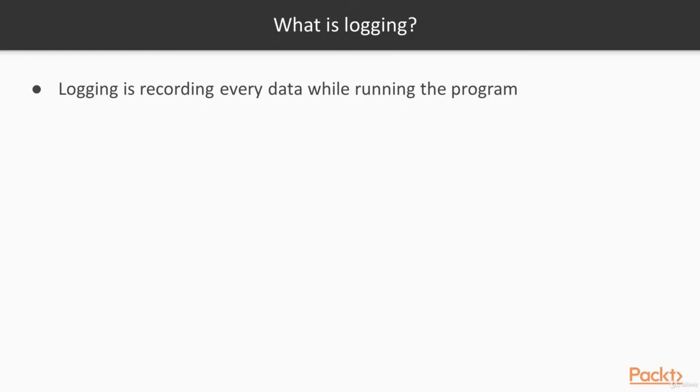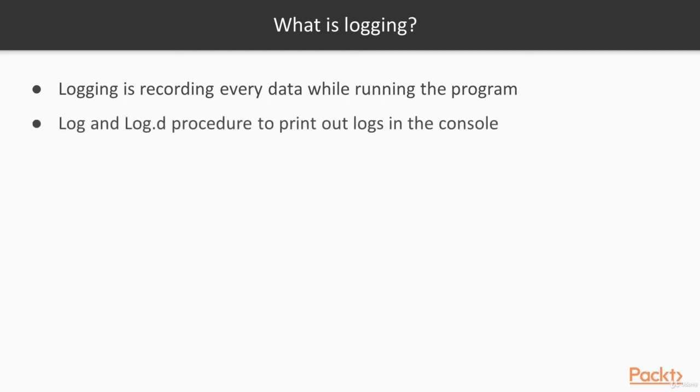So what is logging? Logging is recording every piece of data while you are running this program. You could record all the actions in your application. You can see it in the event log. So in the Delphi programming language, we got the Log.d procedure that helps us print out all the logs to the console.